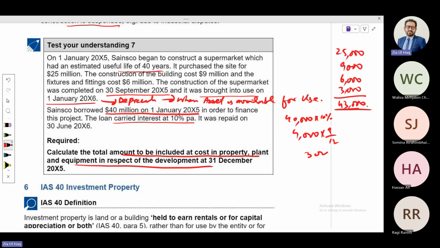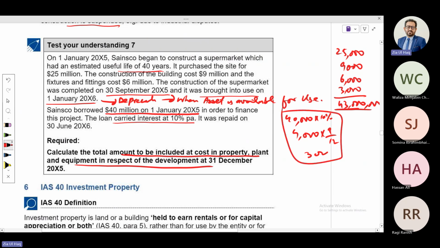So 43 million should be capitalized. Calculate the total amount to be included at cost in property, plant and equipment in respect of the development. So we have calculated. Is it fine? Can you understand this? Especially how we have calculated these 3,000.